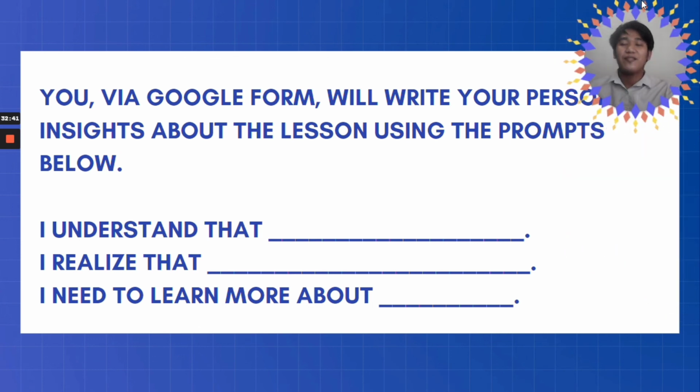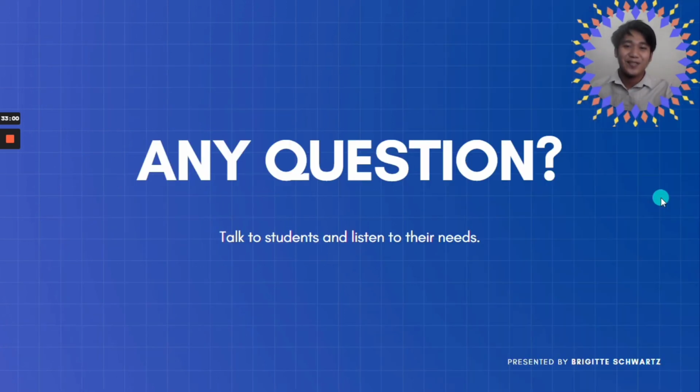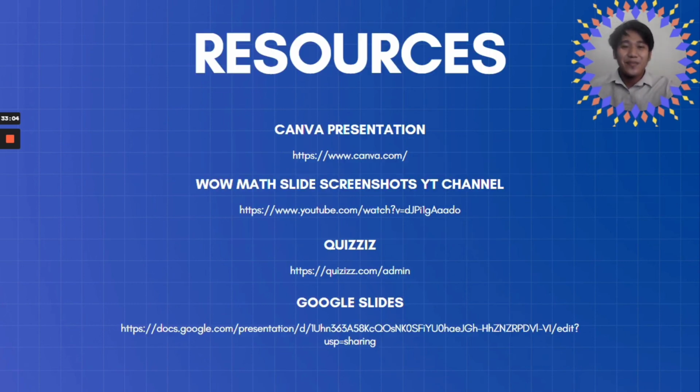As usual, we have: I understand that, I realize that, and I need to learn more about. And here's your challenge. You're going to answer the quiz, or written work number 2, because we're on week 2, via Google Form, posted also in the Google Classroom. No more questions? So talk to me anytime.